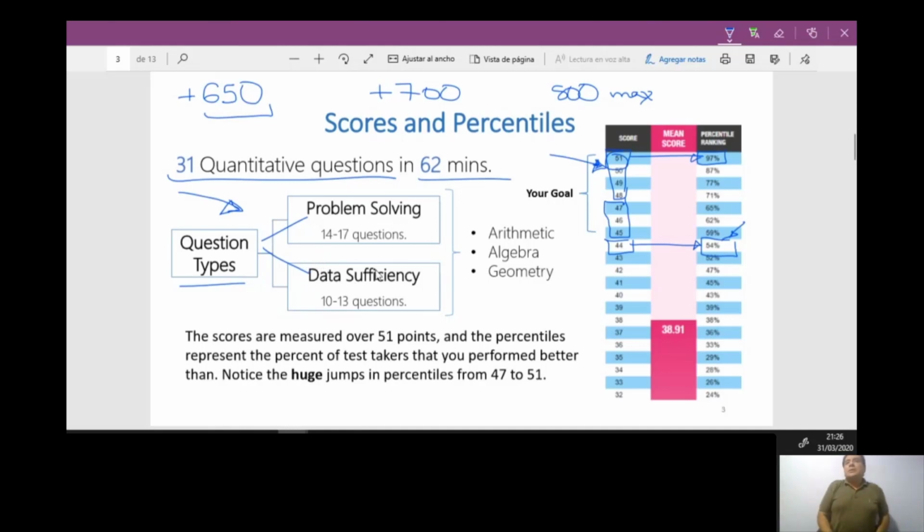All right, people, let's continue. The first format is problem solving. As the name says, this format stands for problems, right? It has a math problem, and it provides you with 5 alternatives.